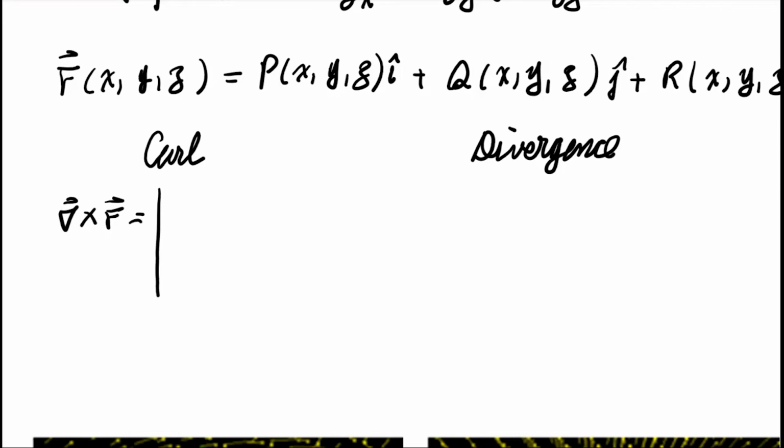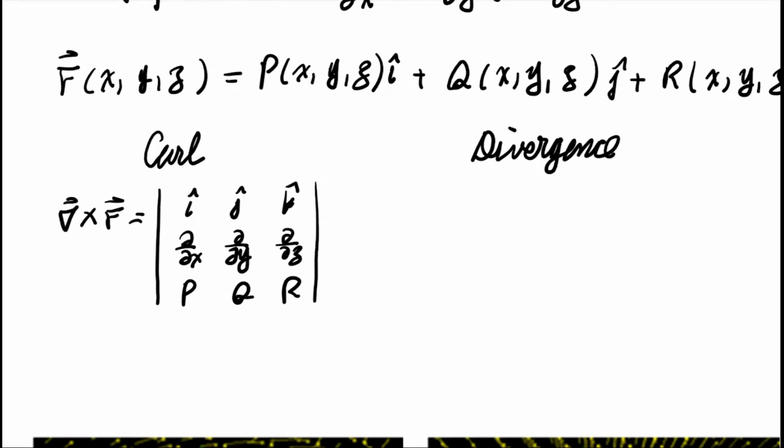That is done with i, j, k, partial x, partial y, partial z, with your P, Q, R. Are you with me so far? And then divergence, can you take a guess? It's the dot product of the two.